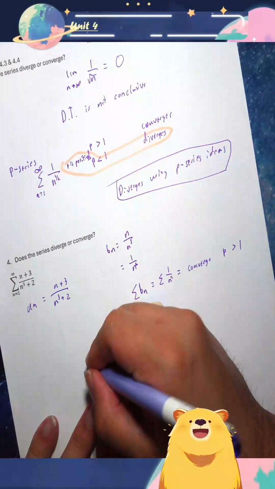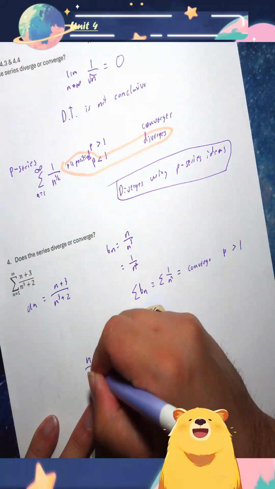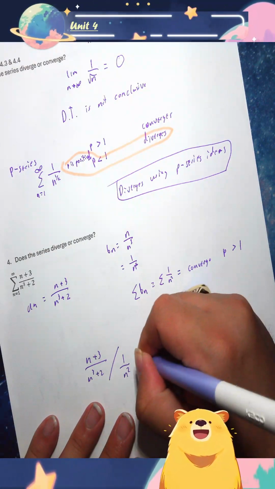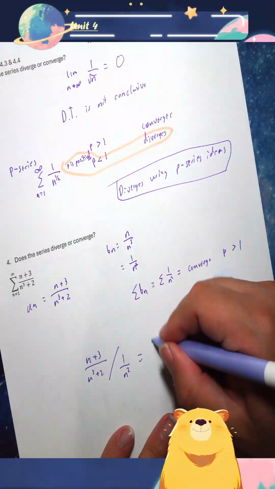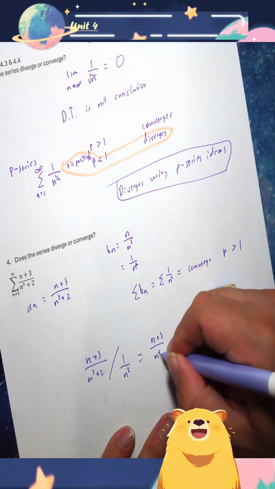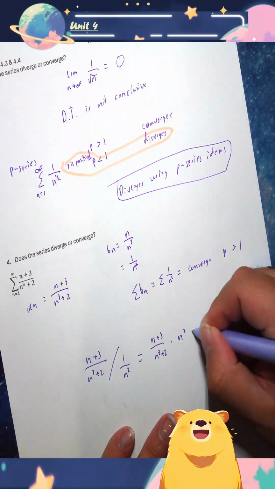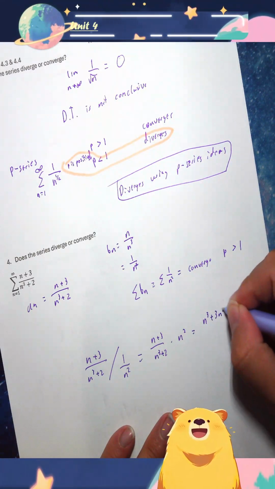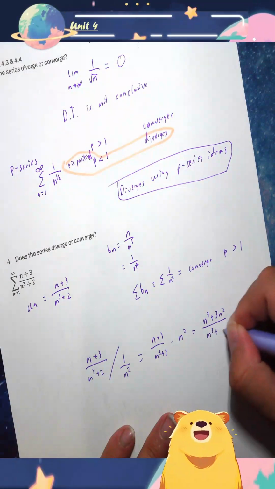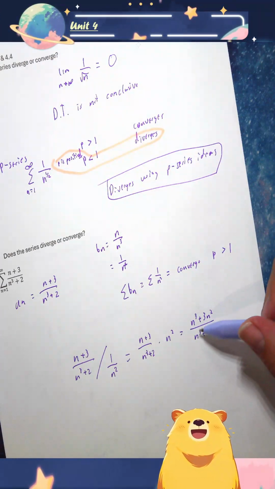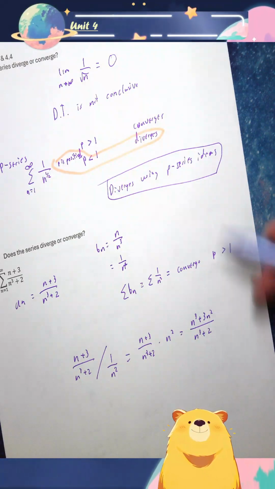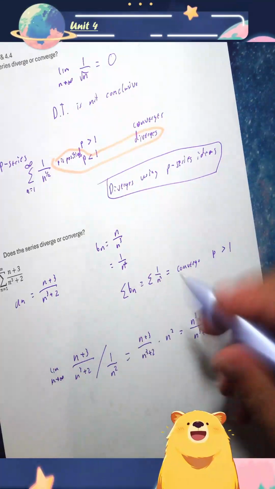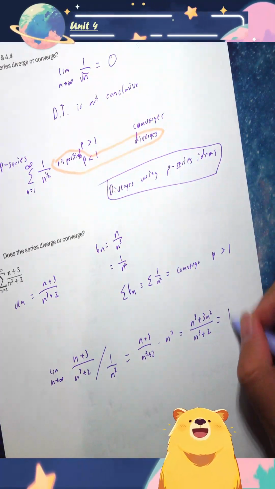So let's go and do that. We have n plus 3 over n cubed plus 2 divided by 1 over n squared, which we can write as n plus 3 over n cubed plus 2 times n squared, equal to n cubed plus 3n squared over n cubed plus 2. In that case, we can see that the limit as n goes towards infinity, it's a balanced expression, so it's just 1.